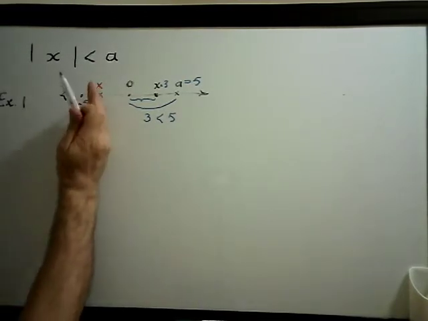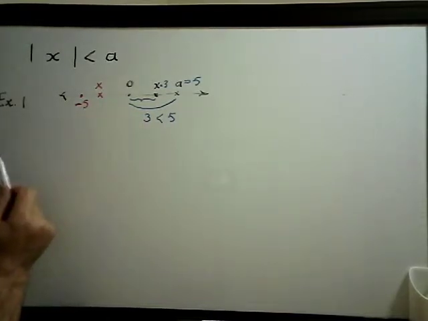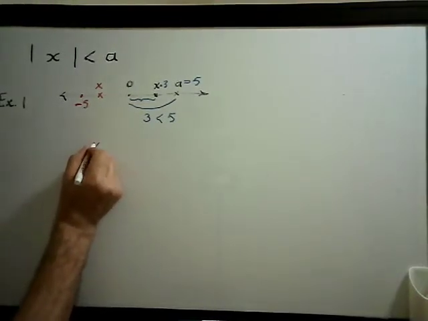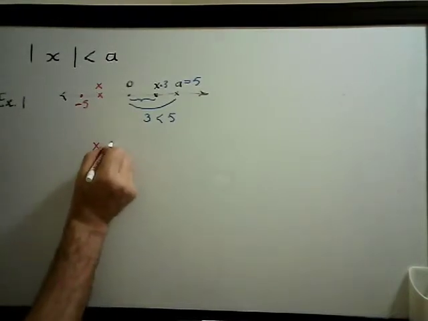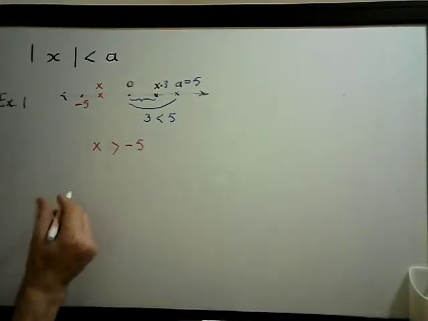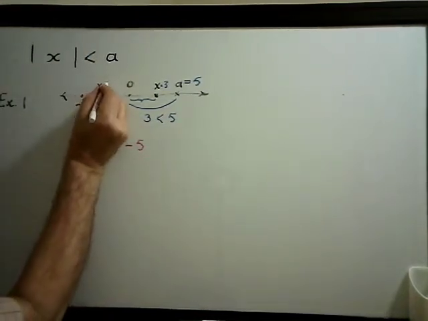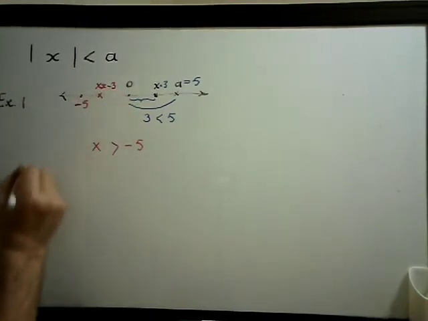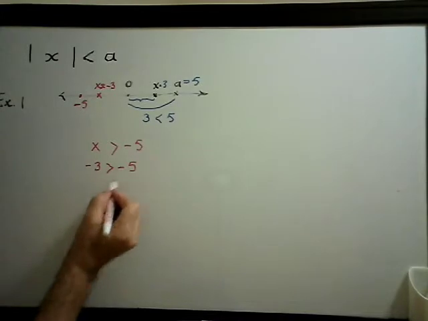When it's on the right of negative 5, that means it's greater than negative 5. We can write it this way: x is greater than negative 5. Because, let me give an example, x is negative 3. So negative 3 is greater than negative 5. That makes sense.